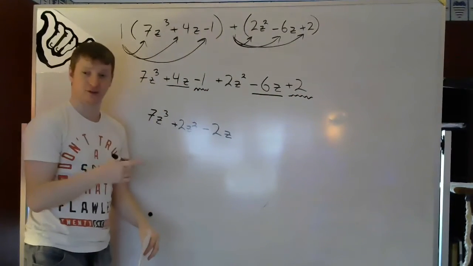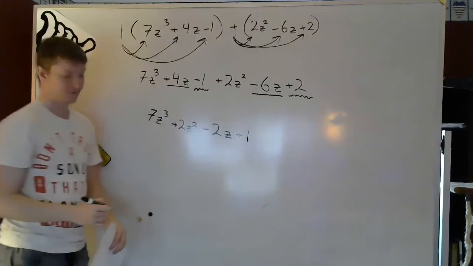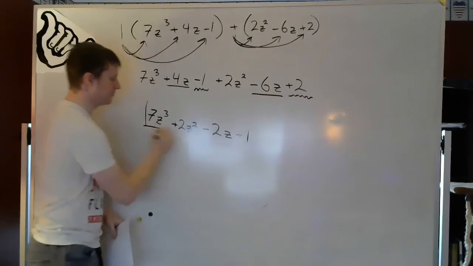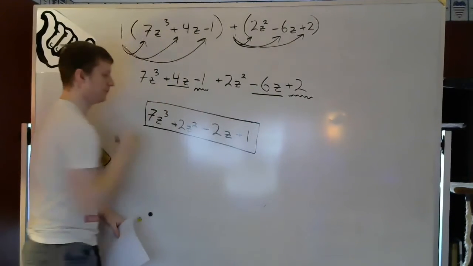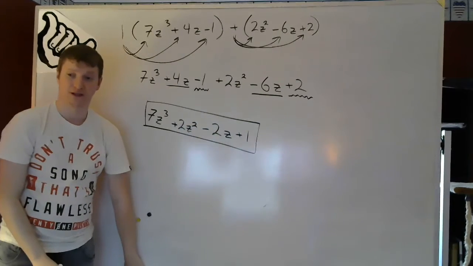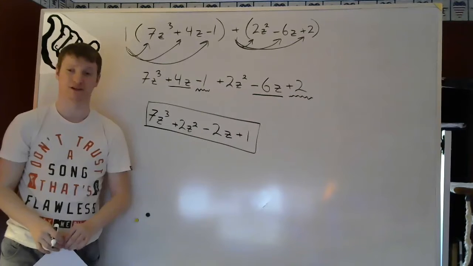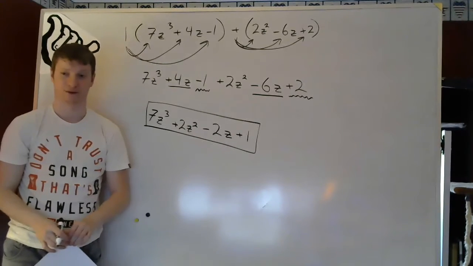Negative 1 plus 2 is just positive 1. So here we have our final answer, simplified: 7z cubed plus 2z squared minus 2z plus 1. That's for number 4.